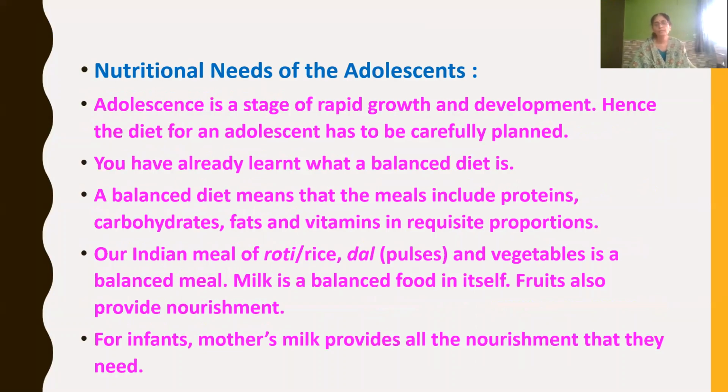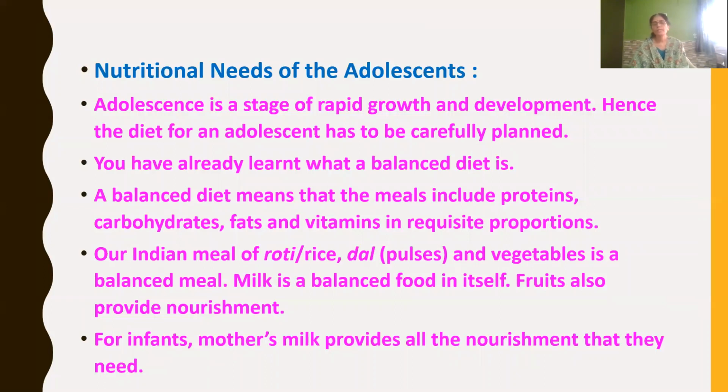Now let us start with the nutritional needs of adolescence. Adolescence is the age where rapid growth and development takes place. Hence, the diet of the adolescent has to be carefully planned. We have just discussed balanced diet, which includes carbohydrates, proteins, fats, vitamins and minerals in requisite proportions.